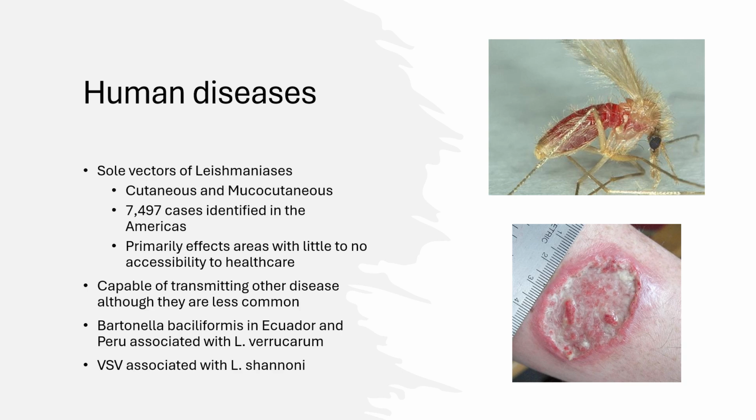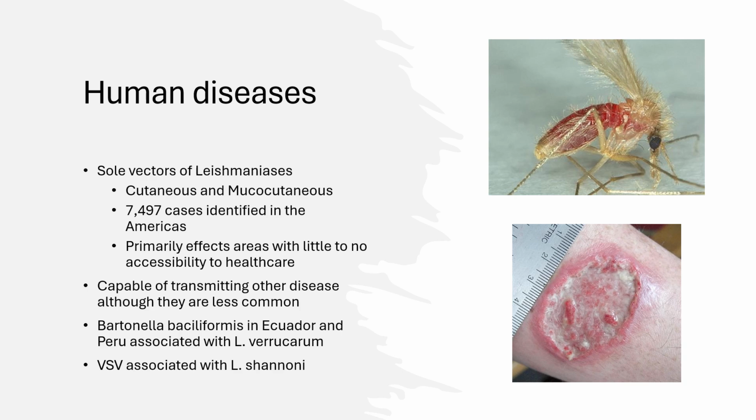However, beyond leishmaniasis, these sandflies can also transmit other diseases. One example is Bartonella bacilliformis, which is transmitted by sandflies in Ecuador and Peru and causes Carrion's disease. If you're not familiar with it, it is a very life-threatening bacterial disease which causes anemia as well as severe skin lesions, similar to leishmaniasis.